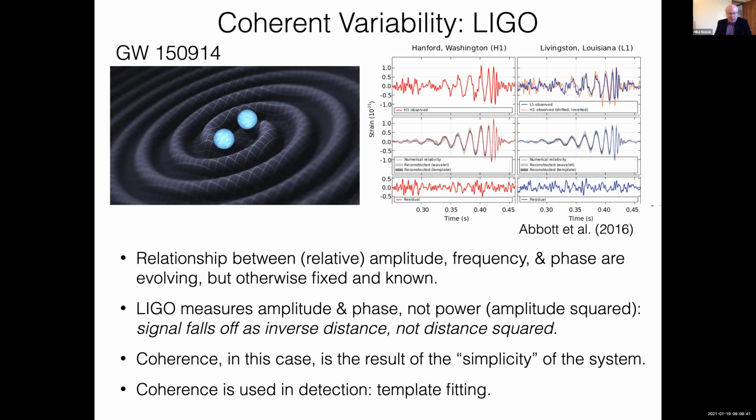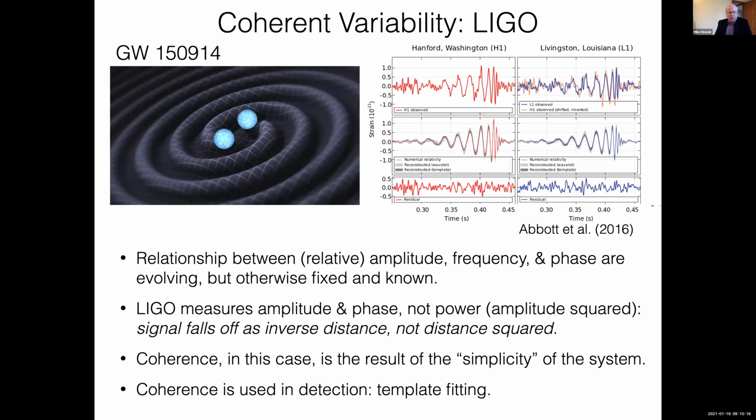Imagine in the case of electricity and magnetism for light, rather than just measuring the energy you're absorbing from the light, you're actually measuring the displacement caused by the electric and magnetic fields as a function of time and position. That is essentially what coherent variability is. And because of that, for the case of LIGO, since you're measuring amplitudes and not just total power, the measurability of these signals doesn't fall off as one over distance squared.